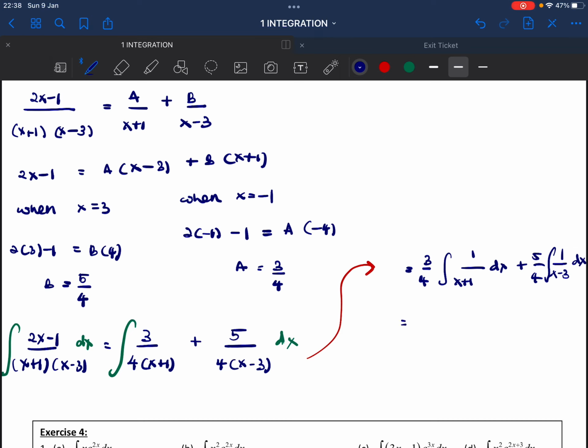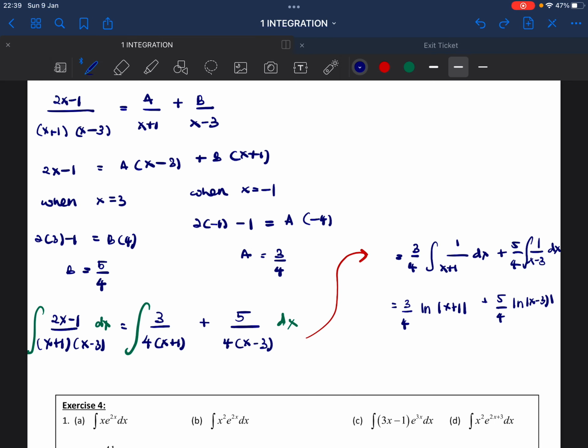So that will be 3 over 4, integrate 1 over x plus 1, that will be ln of the modulus of x plus 1. Integrate 1 over x minus 3, that will be ln of the modulus of x minus 3, and don't forget your c. Ini bukan bracket, ini ialah modulus. Plus c. That will be your final answer.